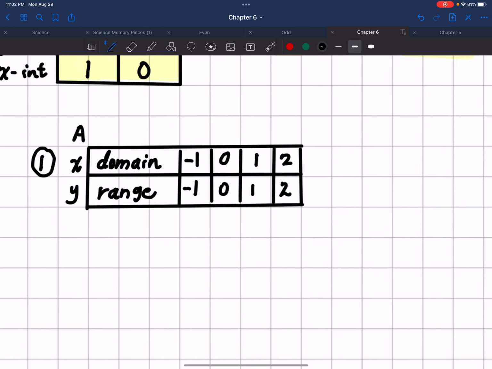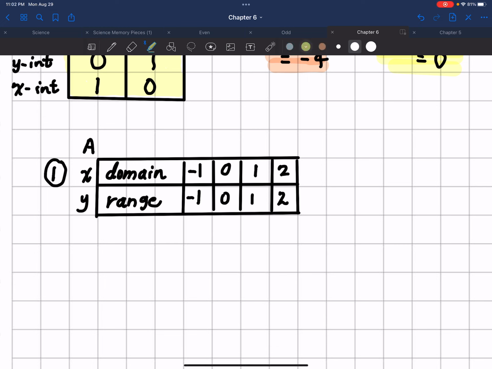Now remember, in order to have a function, you can have no duplicates in the X category. And we don't. Those are all unique X values. So we have no duplicates here. So yes, this is a function.